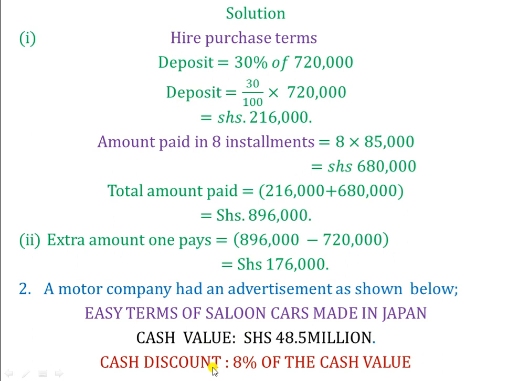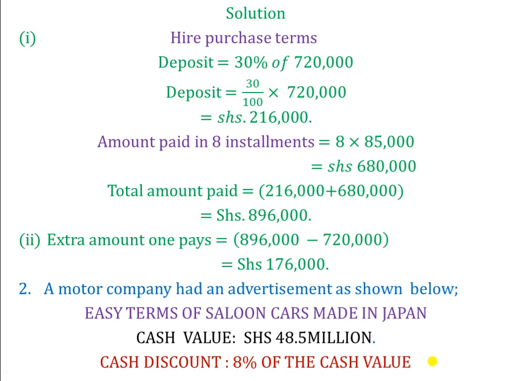You can't imagine what advantages are there when you have the money. So they give you 8% discount of the cash value. So this will be of an advantage to that person who actually buys the car using cash compared to the person who buys it on hire purchase terms.